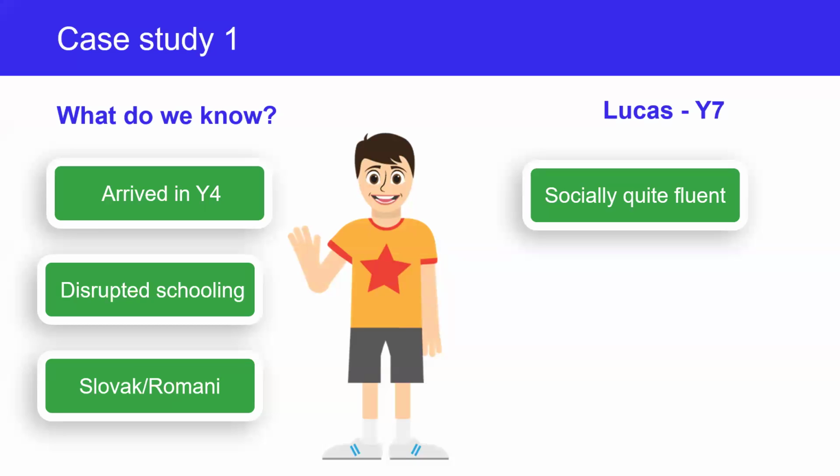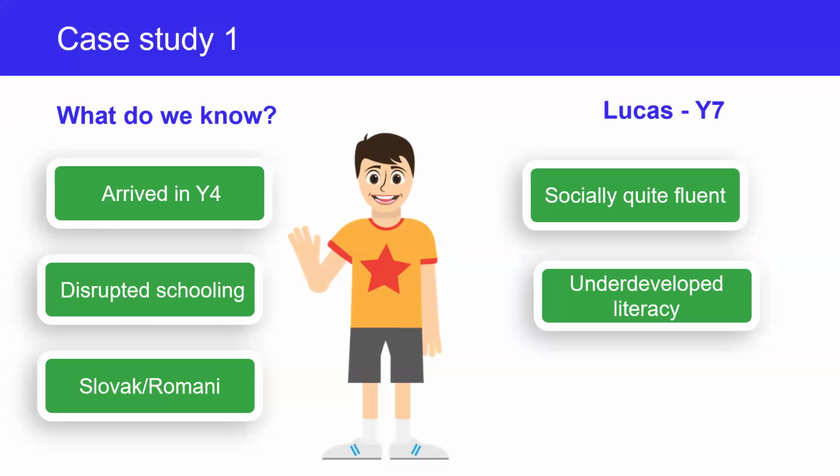At the moment, he's presenting for speaking and listening to the staff in his new secondary school at band C and D in English. However, his literacy, his reading and writing skills are underdeveloped, as is his general academic vocabulary, and it's thought that his proficiency in this is around band A and B.